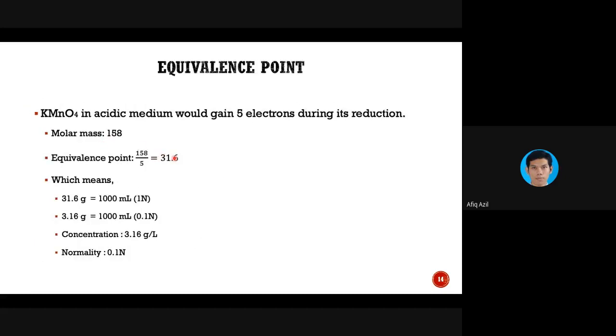So if you take this 31.6 that you have calculated earlier and dissolve it in 1 liter of water, that solution will be considered as 1N. So N is normality. If you want to make it 0.1, you have to dissolve 3.16 g of potassium permanganate in 1 liter of water. So the concentration, based on this calculation, would be 3.16 gram per liter or 0.1 N.